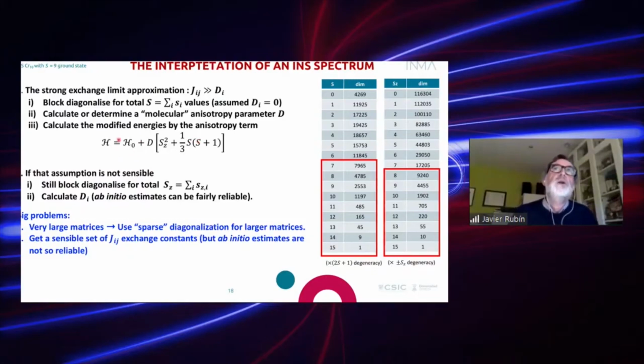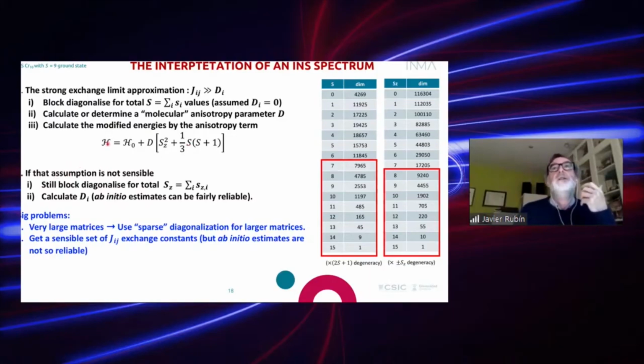So we could try to solve this in a simple case, that means D equals 0, which can be block diagonalized, and then the computing work is much easier.